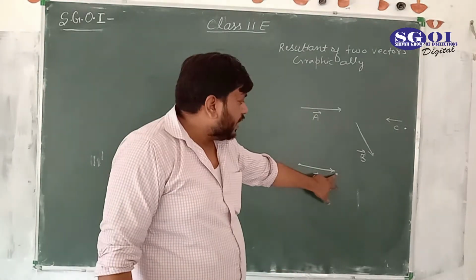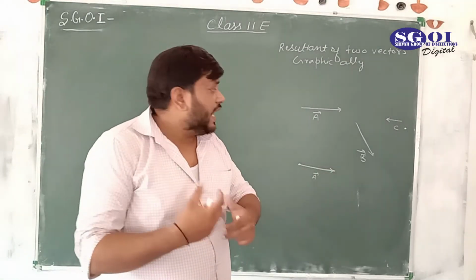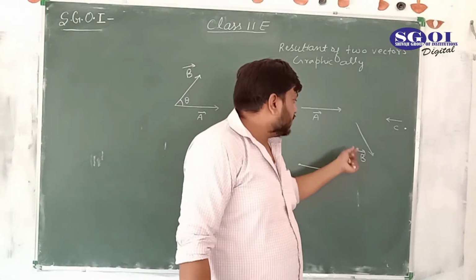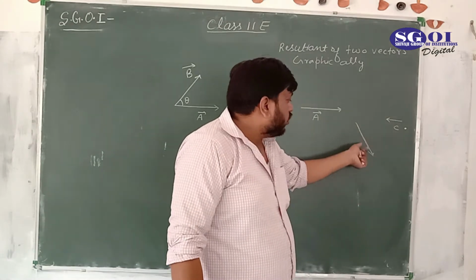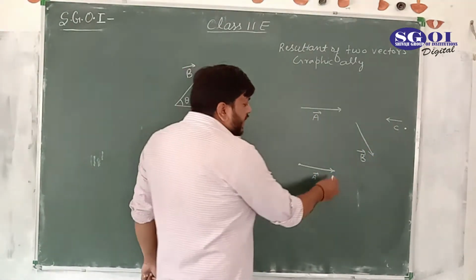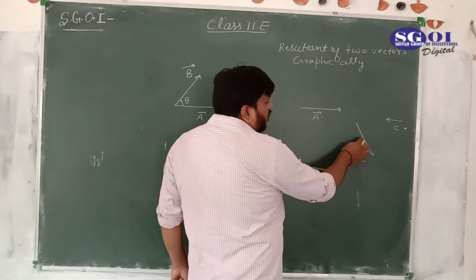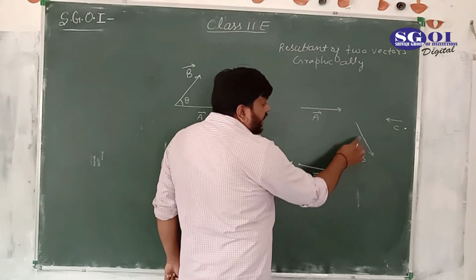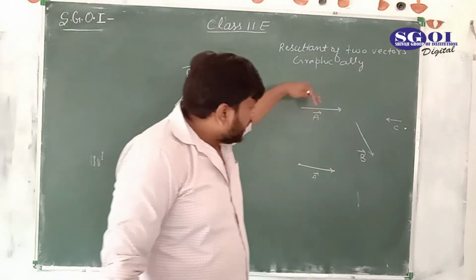From this point, we draw another vector. Suppose we want to draw B or C; you can draw any one. I am interested in drawing B, and the direction of B is like this.